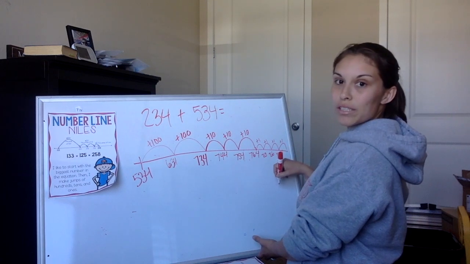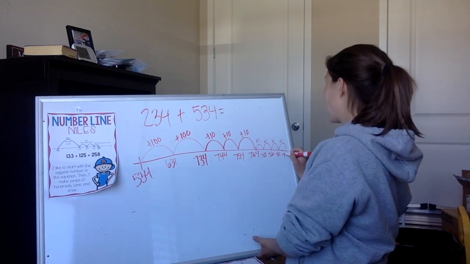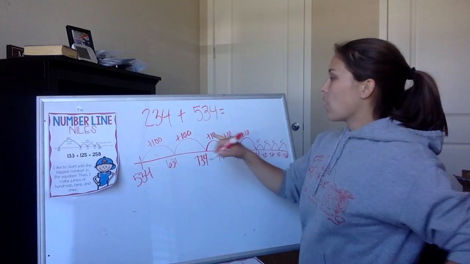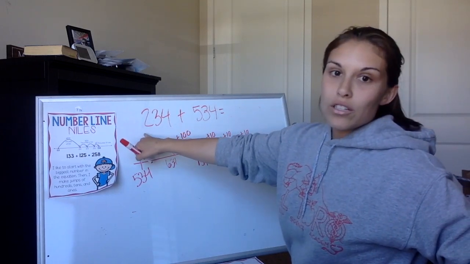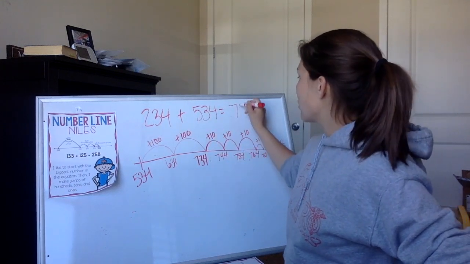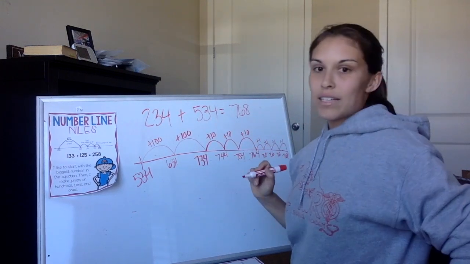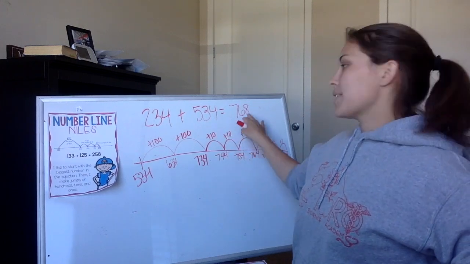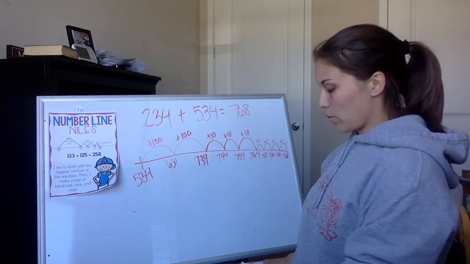And 767 plus 1 is 768. So our answer of 234 plus 534 is 768.